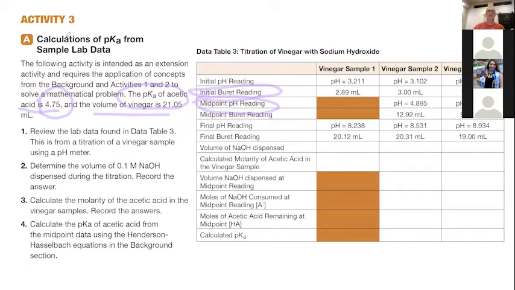So you need to figure out what the moles of acetic acid are halfway through, what the moles of acetate ion are halfway through, and then use the Henderson-Hasselbalch equation to figure out what the pKa of the acid is.